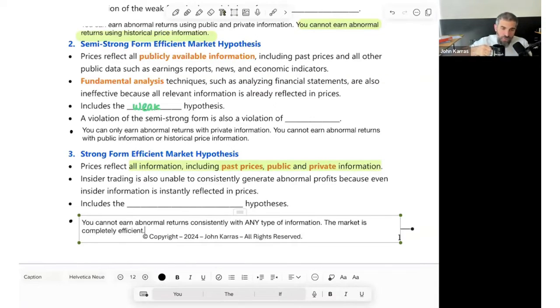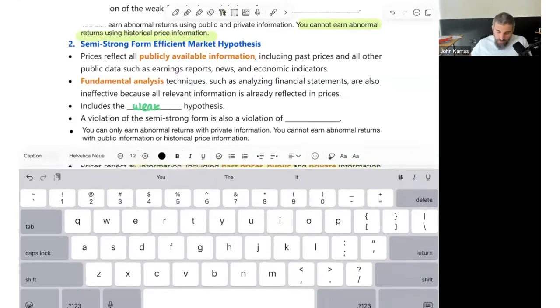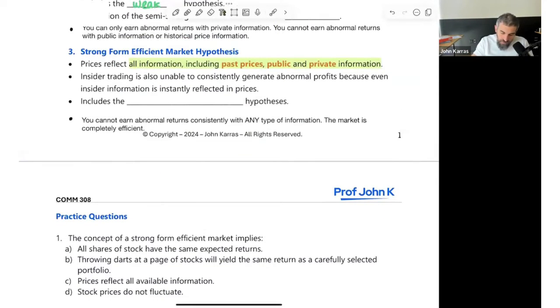Like knowing about an acquisition before it's been announced, knowing about a new product before it's been announced, things like that. So this blank here, you can say that it includes both of them. It includes the weak form and the semi-strong.